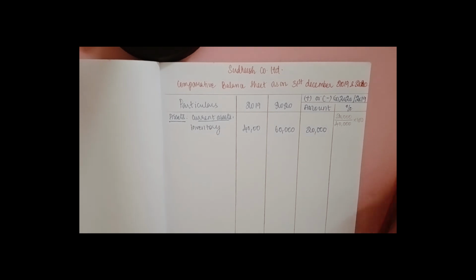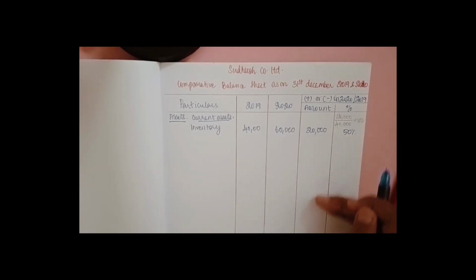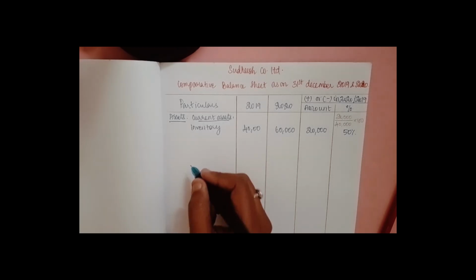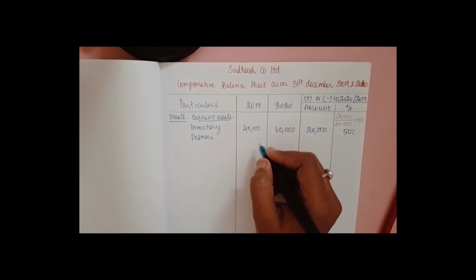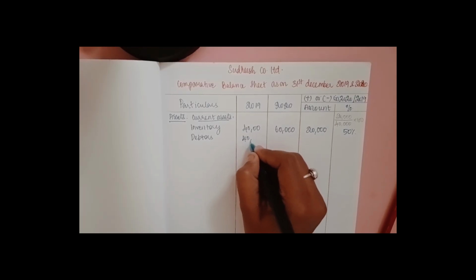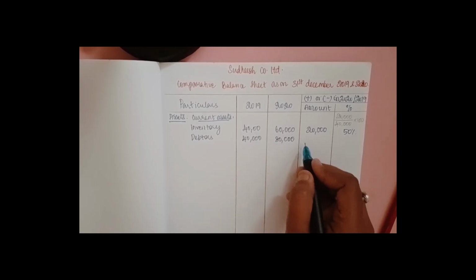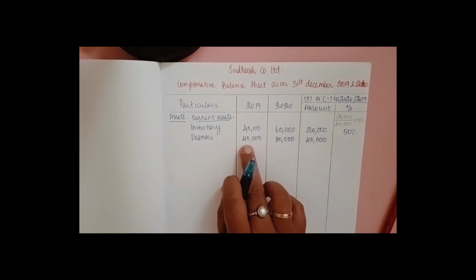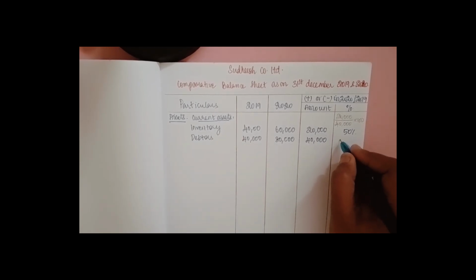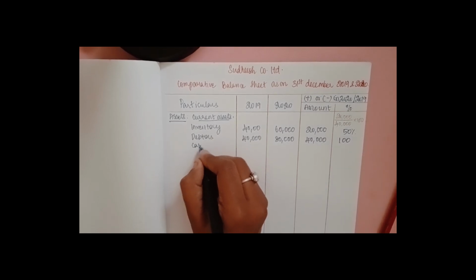So it is nothing but 50%. We are going to follow this same pattern for all the upcoming steps. The next current asset is debtors. In 2019 it is 40,000, in 2020 it is 80,000, and it is increased by 40,000. So 40,000 divided by 40,000 into 100, so it is 100%. Clear?